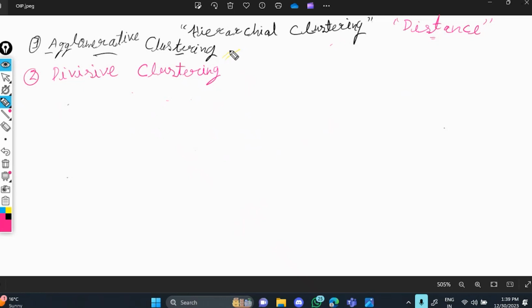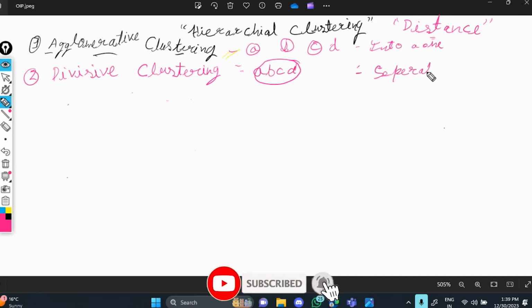But the difference is that in agglomerative clustering, we have different records A, B, C, and D, and in divisive clustering, we have only a single record A, B, C, D, and we have to separate them. So here we connect them into one record, and here we separate them into different ones. You can note that for revision, the basic difference.